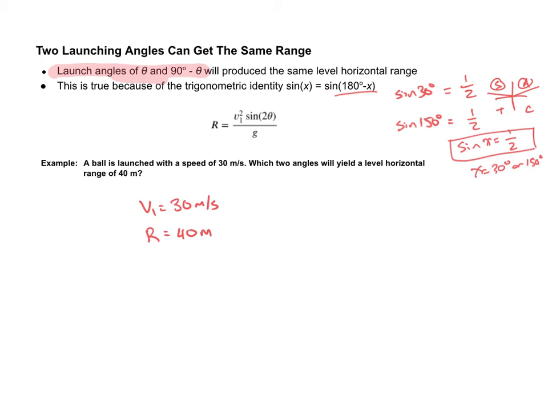That's going to involve first multiplying both sides by g and dividing both sides by v1 squared. That'll give me sine of 2 theta. And then I would take the inverse sine of both sides. So 2 theta would be the inverse sine of this fraction.